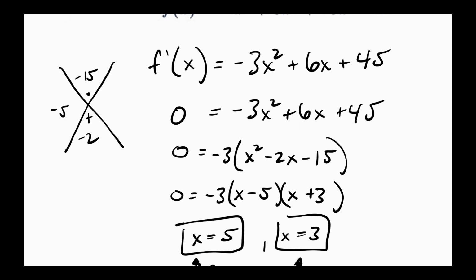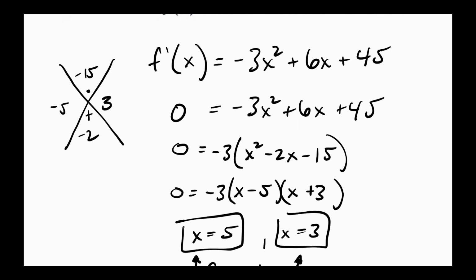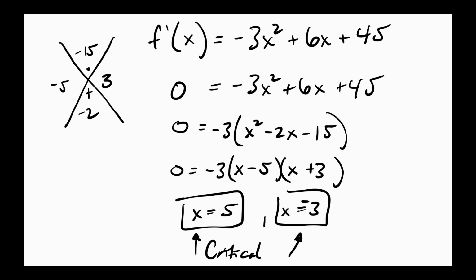So you get x minus 5 and x plus 3. Set them equal to 0, and you get 5 and negative 3. Those are the critical values.